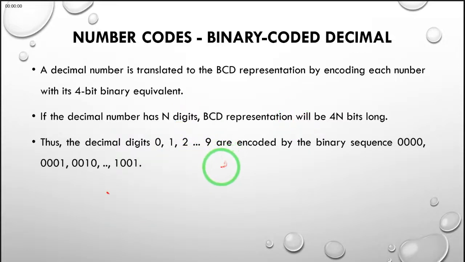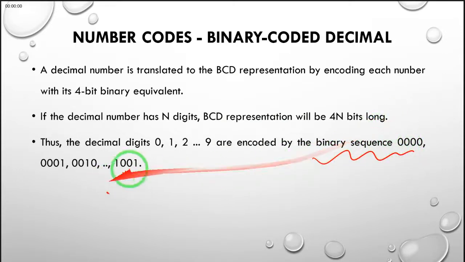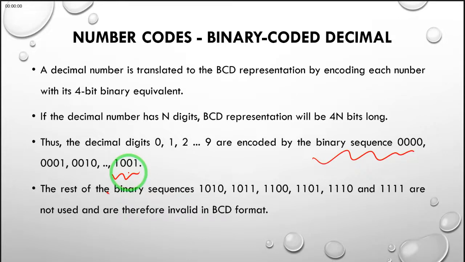Therefore, the decimal digits 0 to 9 are encoded by their binary sequences, starting with 0 as 0000, and as we have already mentioned, 9 is represented by 1001. The rest of the binary sequences, that is 10, 11, all the way up to 15, are not used, and therefore these are invalid BCD codes.